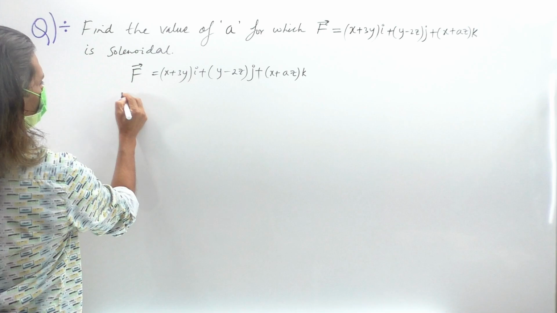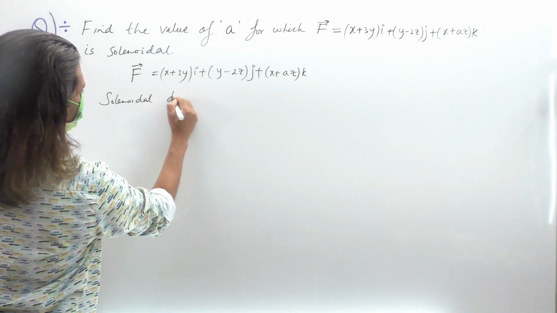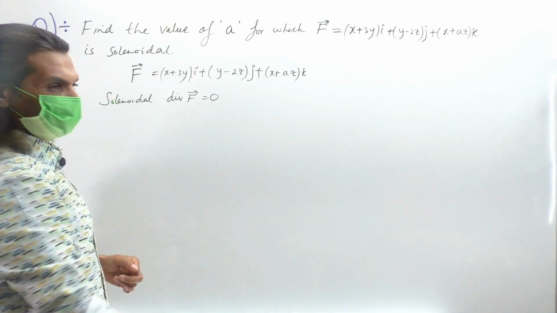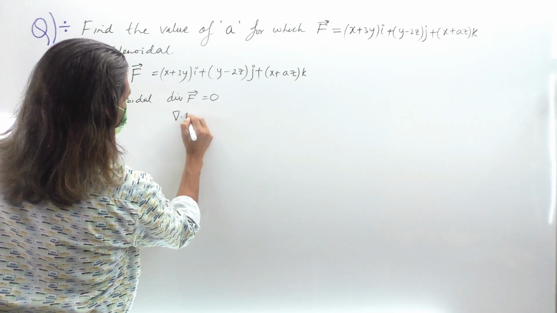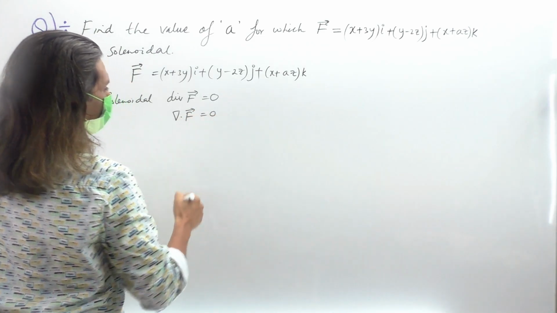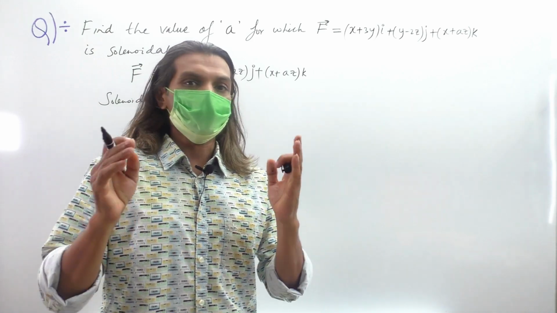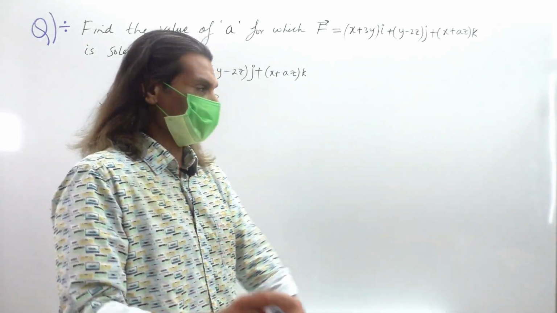So the condition for solenoidal is divergence of f is equal to 0. That is, the meaning of del dot f is nothing but del into f is equal to 0. So what is del? Del is dou by dou x of i plus dou by dou y of j plus dou by dou z of k, which you have to remember always.